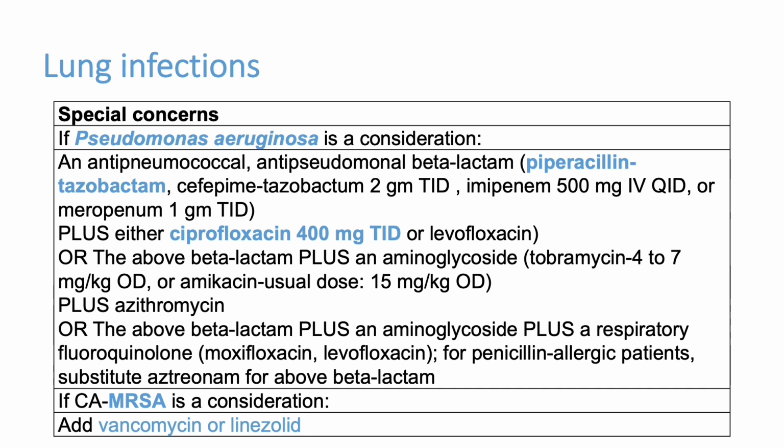So always cover 2 drugs for pseudomonas if you are suspecting, or if the culture shows positive result for pseudomonas, we can give piperacillin, tazobactam plus ciprofloxacin or levofloxacin that can be continued.